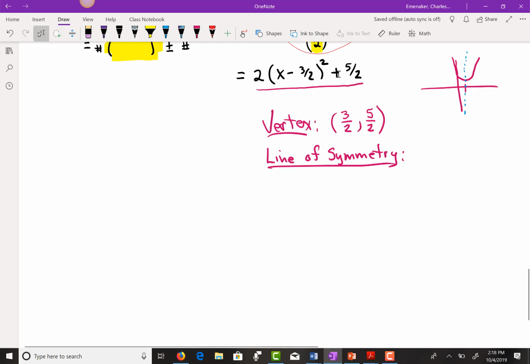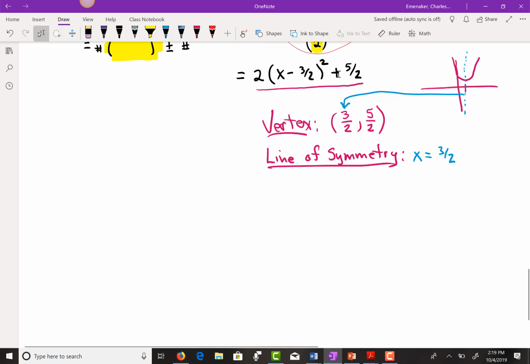Where's that line going right down through the middle of it located? Isn't it the x value from your vertex? Do you see that? So the line of symmetry is going to be at x equals 3/2. So the line of symmetry is always going to be the x value. Yeah, that's all there is to it.